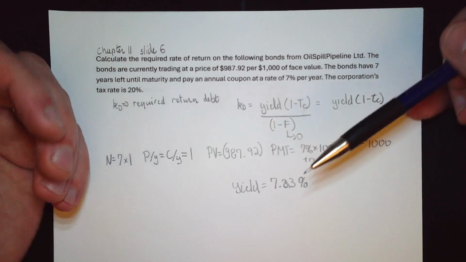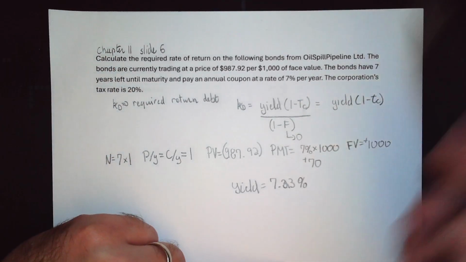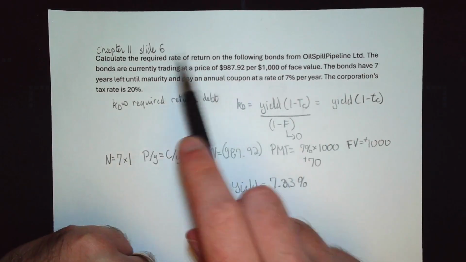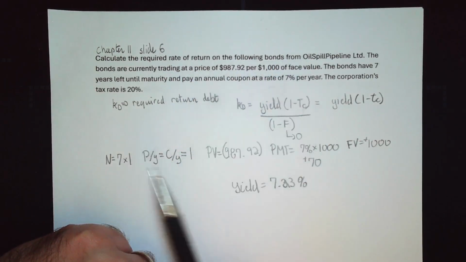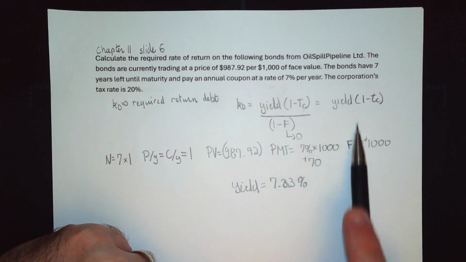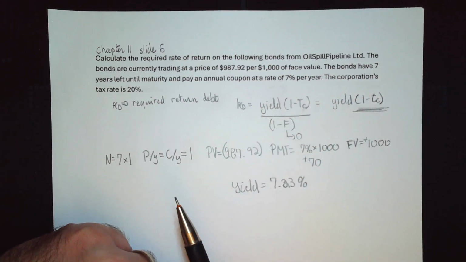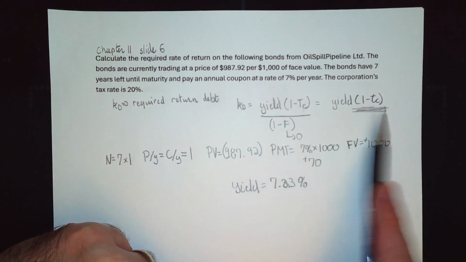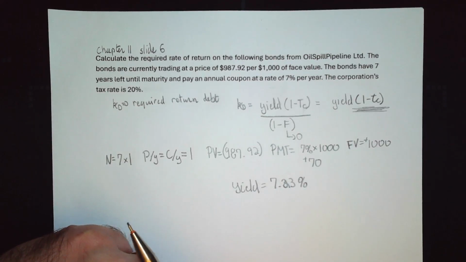In order to get the actual final answer, to calculate the required rate of return on the following bonds, we need to adjust for the tax rate because, remember, the government is nice enough to give us a tax discount when we make interest payments.